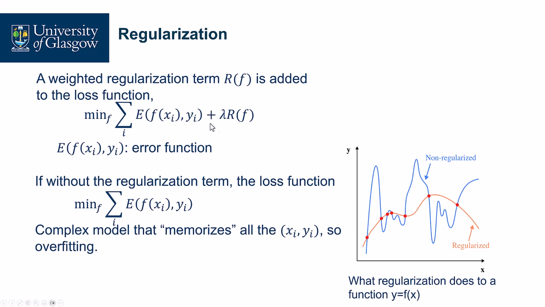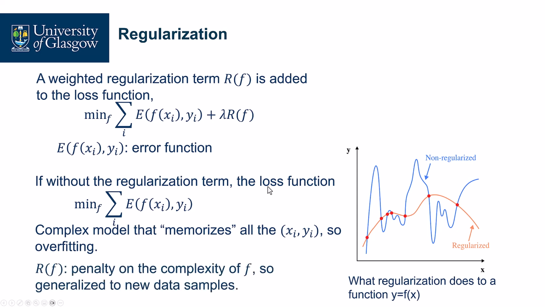When we add the regularization term, we want to penalize the complexity of the model. The more complex, the larger this term, so the total function becomes larger. By penalizing the complexity of the model, it can generalize to new data samples.